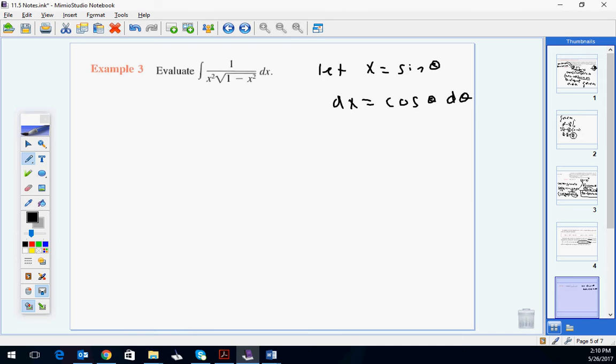If I just sub those things in, the sine thetas, I'm going to have 1 minus x squared, so that's sine squared, because we said x is sine, under the square root, the 1 stays a 1, minus sine squared theta, and then we said that dx is cosine theta, so that is on top here, times 1 d theta. So that's what we've changed it to with trig substitution.